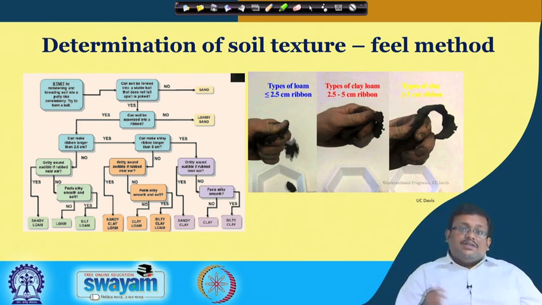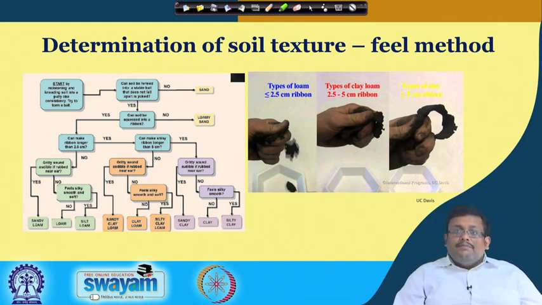Basically, soil scientists go to the field and take the soil between their thumb and fingers, rub it and try to feel it between the fingers. They also try to mold it into different shapes. Based on that, they can say whether the soil is sandy, silty, loamy, or ultimately clay.